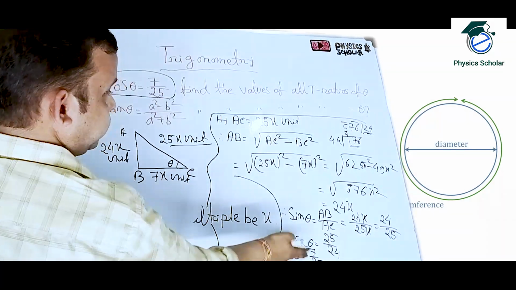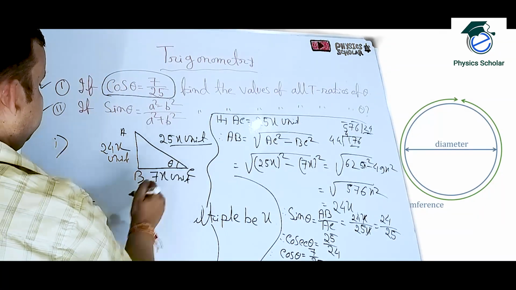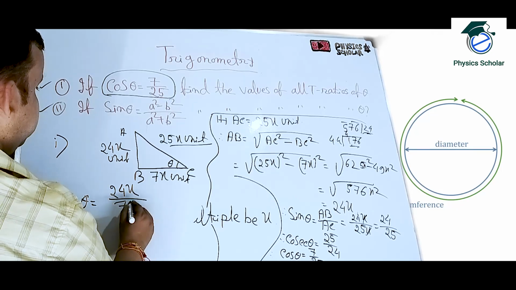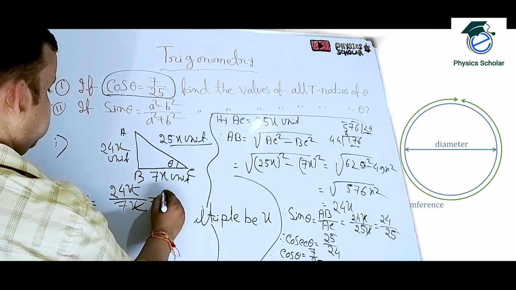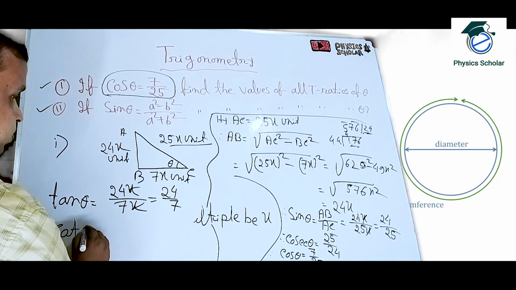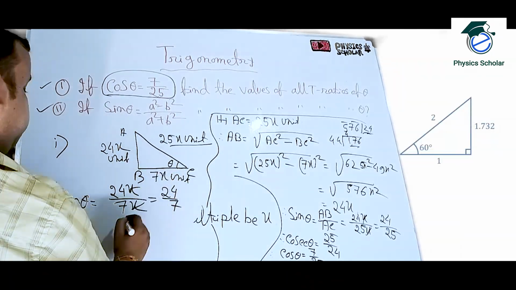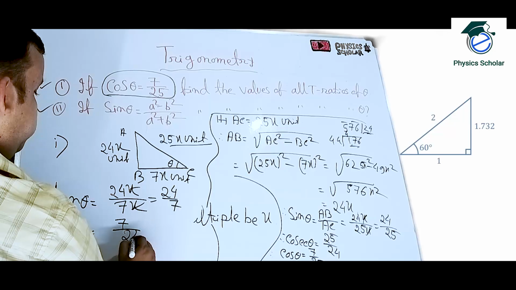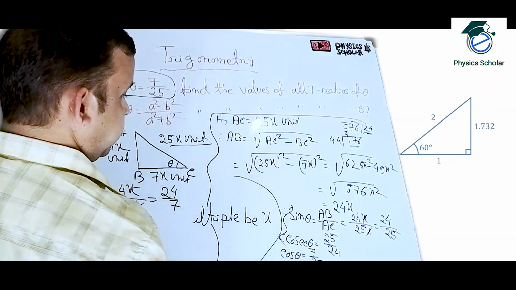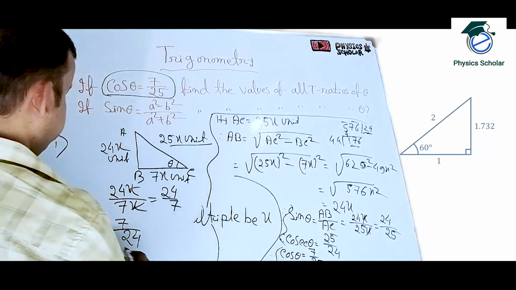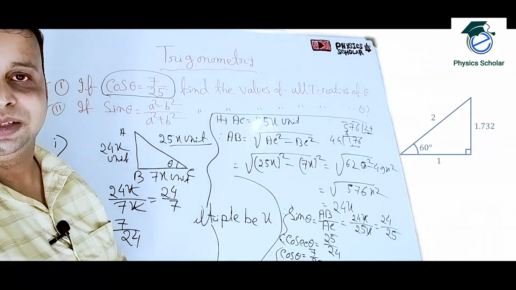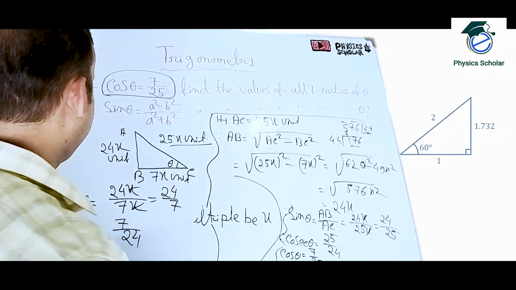We can write sine by cos, or perpendicular by base. Perpendicular means 24x, by base means 7x. So 24 by 7. And cot theta will be the opposite of tan, means 7 by 24. So we found sine, cosec, cos, sec, tan and cot. So 6 trigonometric ratios we have found out.